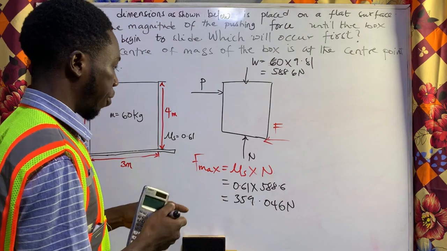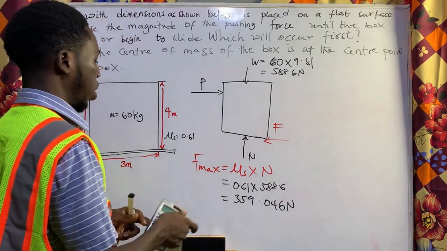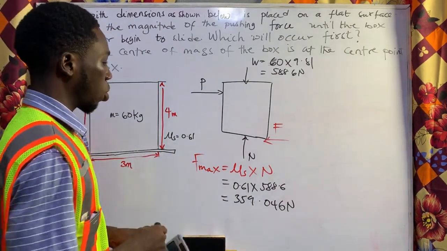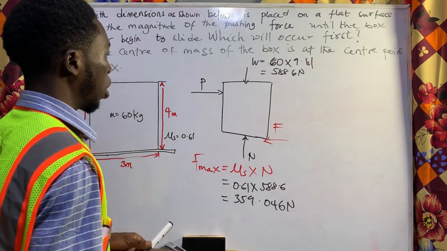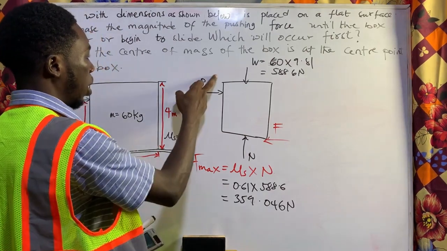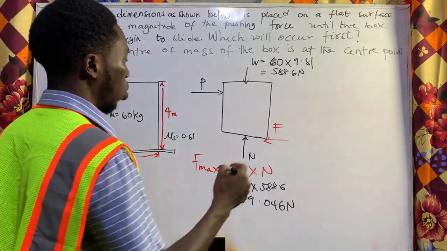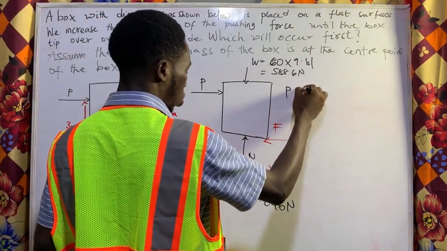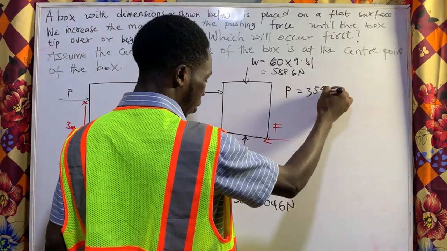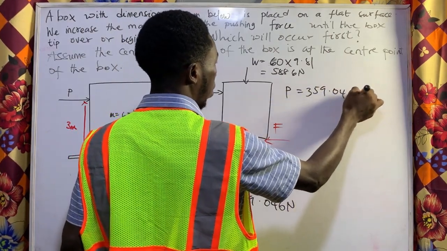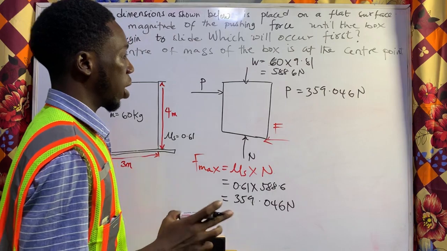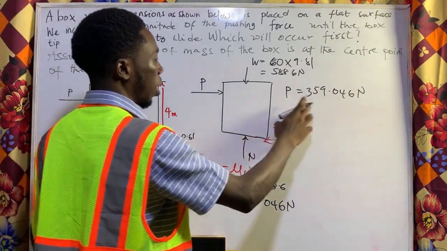So this is the maximum friction that will be present due to these two surfaces in contact. Before the box will start sliding, this P value here must be equal to this value here. So P will be equal to 359.046.